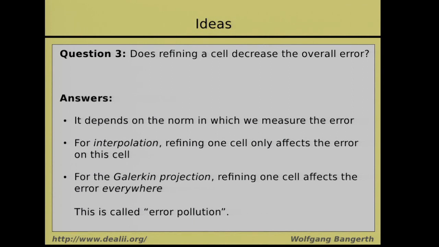Right? So it's a little bit like if you switch off that big power plant that produces a lot of pollution, then you don't bring down the pollution only in the vicinity of the power plant, but you bring down the pollution everywhere as well. That's where that term comes from.